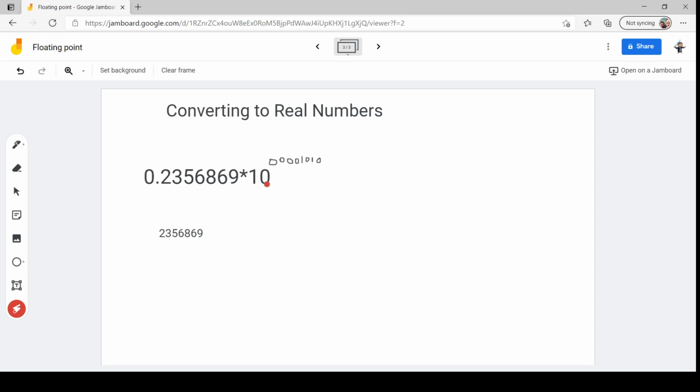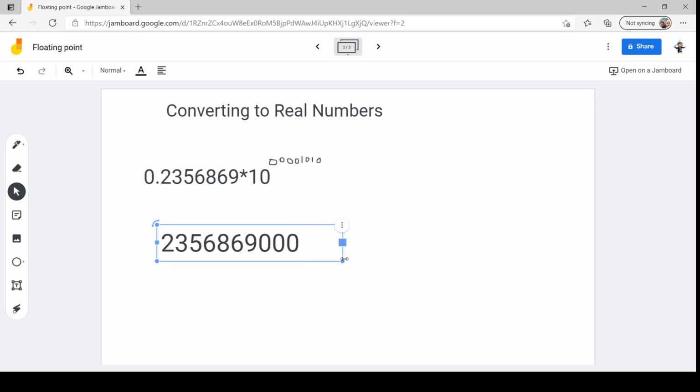So we need to move it another 3 places to the right, so we add on 3 zeros: 1, 2, 3. So this number here, 0.235869 times 10 to the power of 8, sorry, 10, is the same as this whole number here. And that should help you with the floating point sheet too.